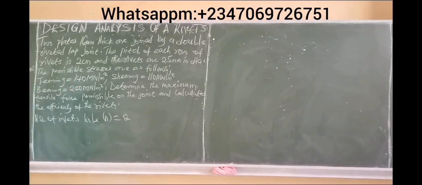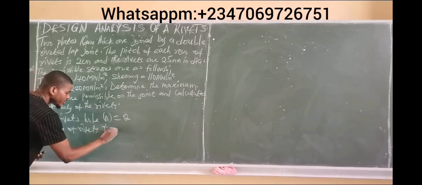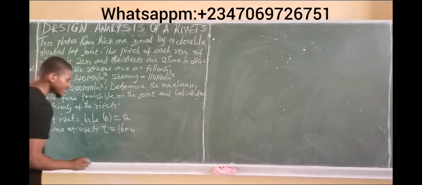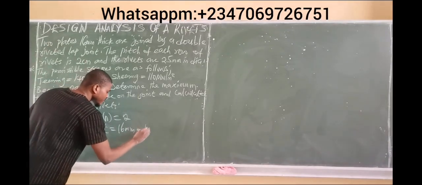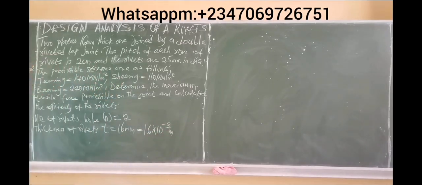Again they said 16mm thick, so thickness of plate, t, is 16mm. We simply convert this to meters. This becomes 16 by 10 to the power of minus 3 meters, simply dividing 16 by 1000.